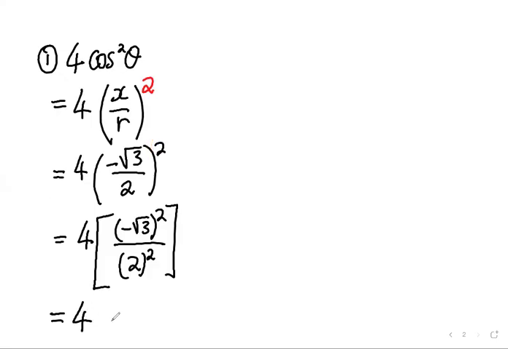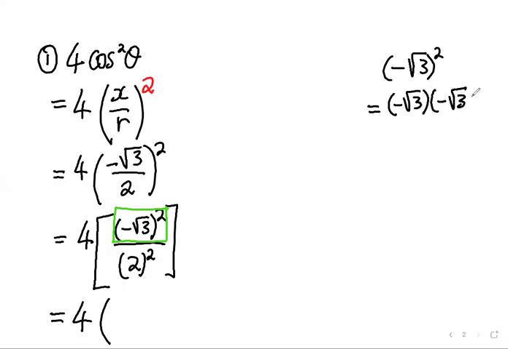So this will be 4 into, now this one, let's do it aside. I want to teach you something. Let's do it aside on a scribbler with a pencil. We have negative root 3 all squared. This is the same as negative root 3 multiplied by negative root 3.